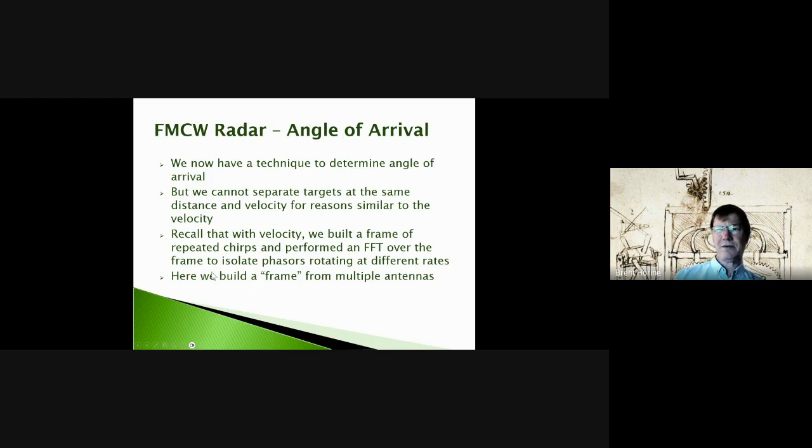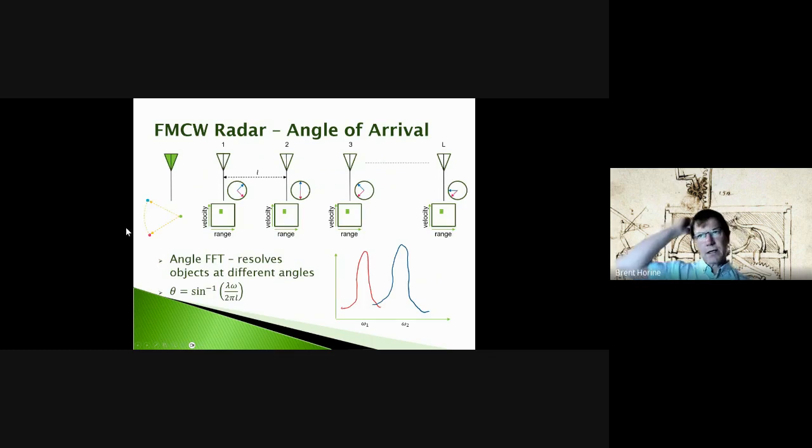All right, we briefly mentioned this in a kind of hand-wavy way last week. Didn't review it earlier, but we're going to look at this. So here we build a frame, but now instead of from multiple repeated chirps, we're going to do it from multiple antennas. So let's take a look at this.